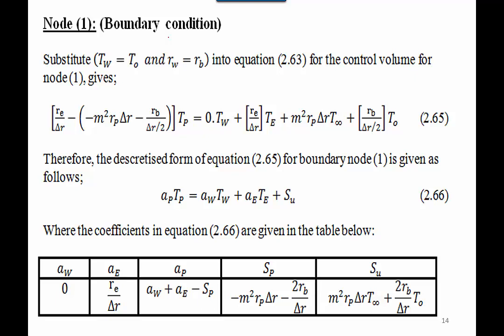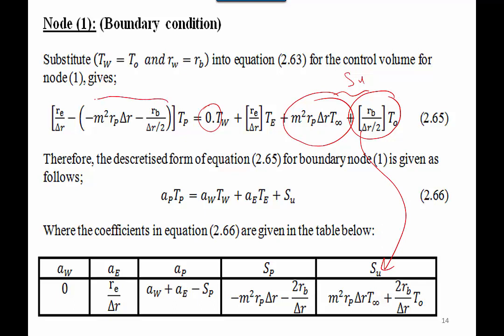So again, equation 2.63 for the control volume for node number 1 can be written in the form of equation 2.65. Since it is at the west side, there is no A west, it is 0. Both together represent SU, this represents SP, this one is 0 for A west, and this one will be A east.